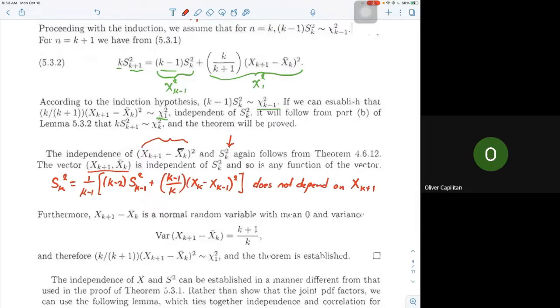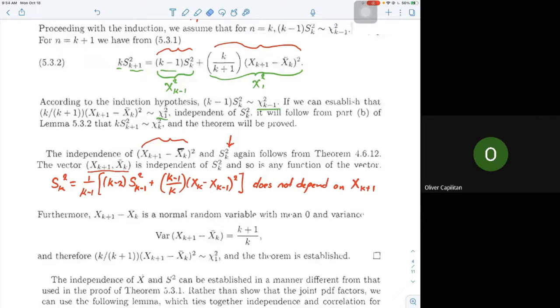So, ano yung function? A function of this vector. So these two now, ito siyang expression na to, and then this, another expression, these two are independent.